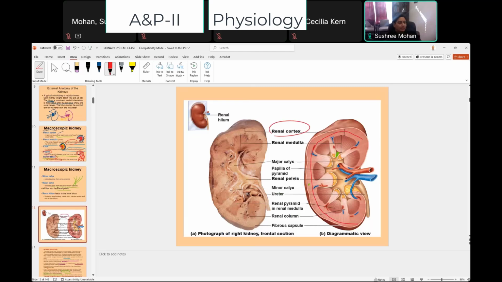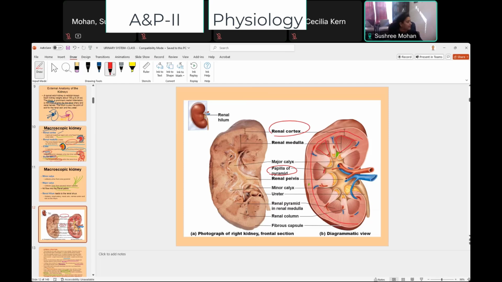The rest of the part is the medulla. Now the medulla is divided into these pyramids, renal pyramids. And the tip part of the renal pyramid, we are going to call it papilla, like it has shown you over here.